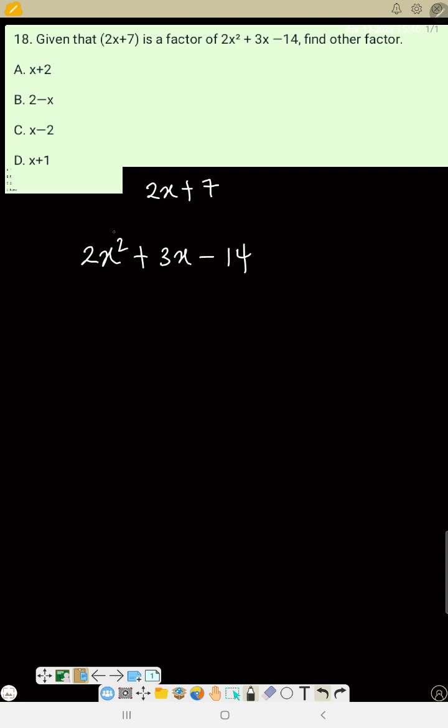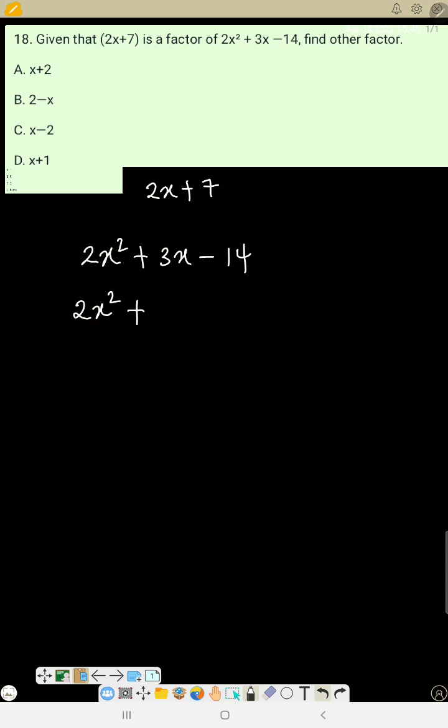This is a quadratic because the highest power of the unknown is 2. So instead of wasting time, it's better you just factorize the quadratic. Once you have one factor, the other factor will surface. So now factorize, this will be 2x squared, because 2 times 14 is 28.